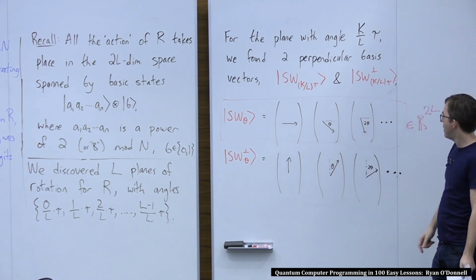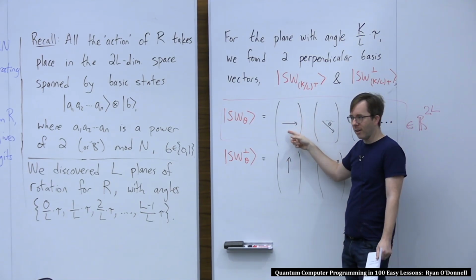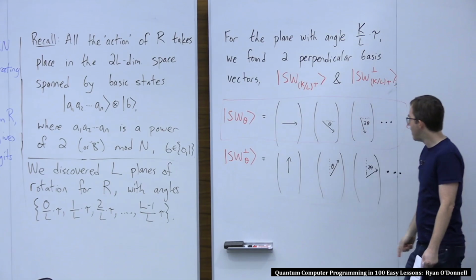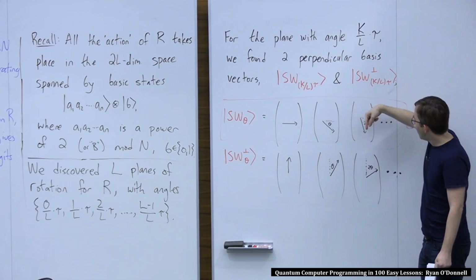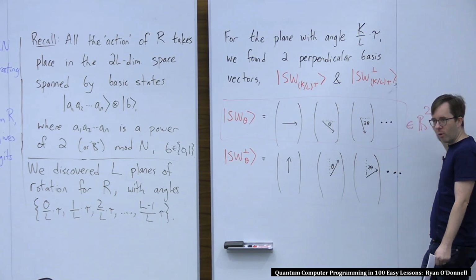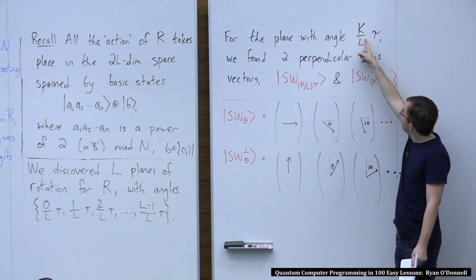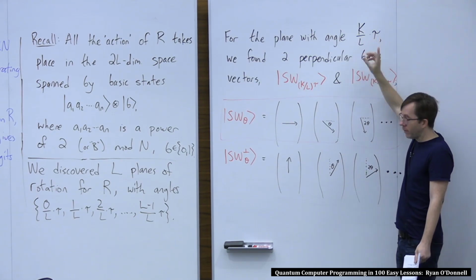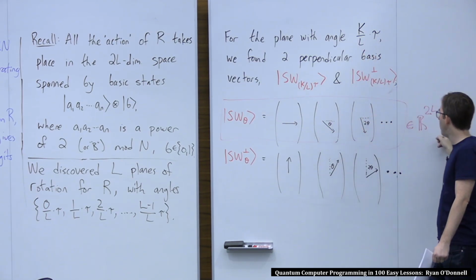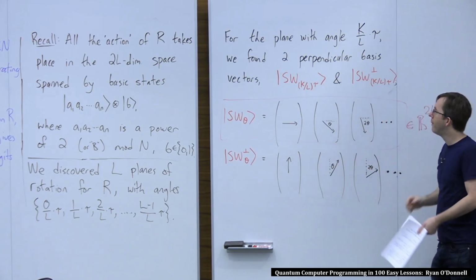So it's a bit of a funny way to depict it. But this one always starts out with a horizontal vector, so it's 1, 0 as the first two coordinates of this one always. And then the subsequent vectors are rotated clockwise by theta, then 2 theta, then 3 theta, then 4 theta, etc. And because this theta is always an integer fraction, integer over L times 360, once you get to the Lth one, and you do one more, it exactly perfectly wraps around.